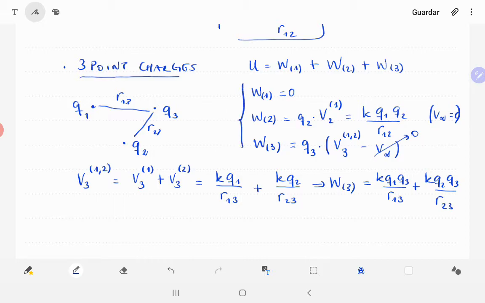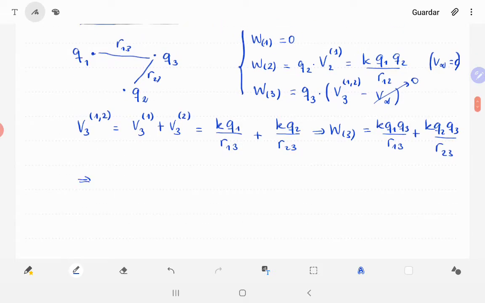So if we put these 3 together, we will end up having the total electrostatic potential energy of this system of 3 point charges, which is going to be K Q1 Q2 over R12, which is the work we needed to do against the field to bring point charge 2 when there was only point charge 1, because to bring the first one, we didn't need to do any work at all.